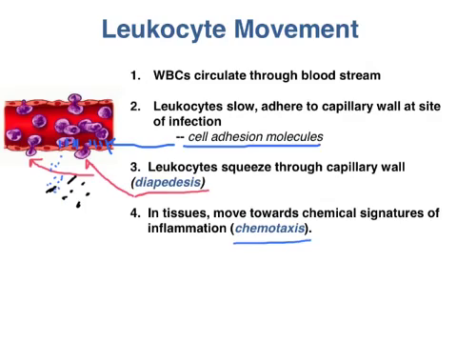So they're much more concentrated at the site of infection and get more diffuse as they get further away. White blood cells, once they're out of the blood, can detect this little chemical trail and follow it upstream to where it's more concentrated, which is the source of infection. That's chemotaxis.